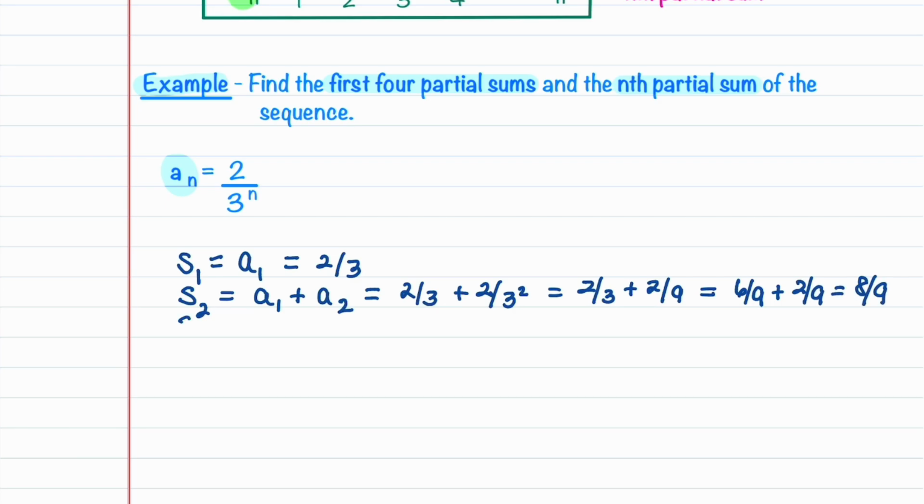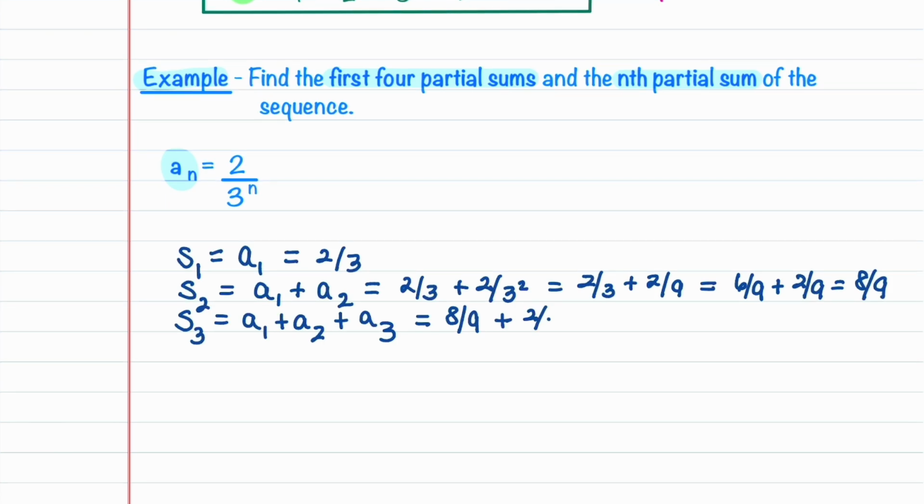Now let's find S3, our third partial sum. This is going to be A1 plus A2 plus A3. We already found A1 plus A2, so we don't need to compute that again. So let's just start by writing down what that is. We found that to be 8 over 9. And now we're going to add A3. We're going to go up to our formula and set n equal to 3. So this is 2 divided by 3 cubed. So this is 8 over 9 plus 2 over 27.